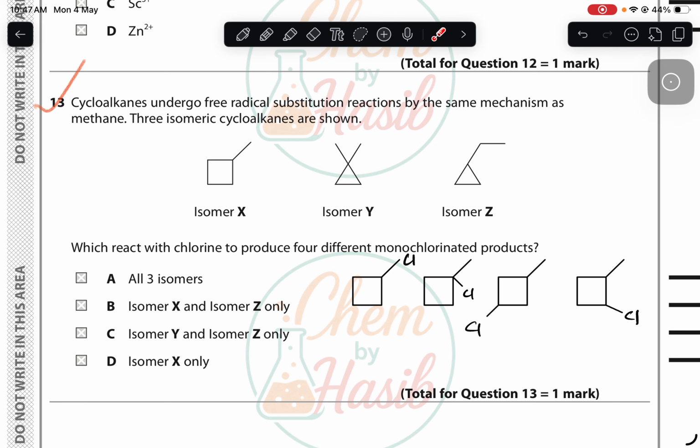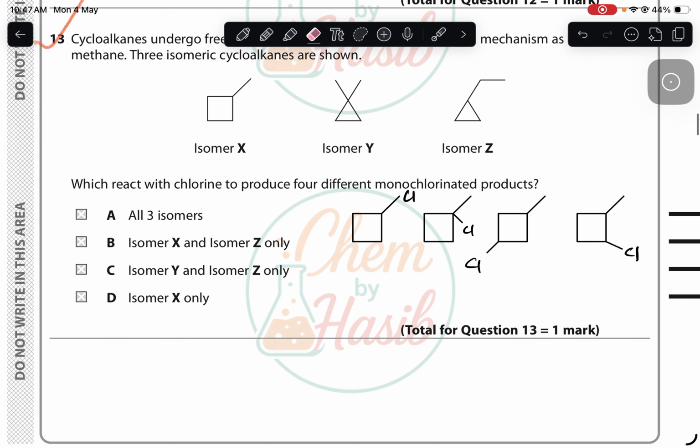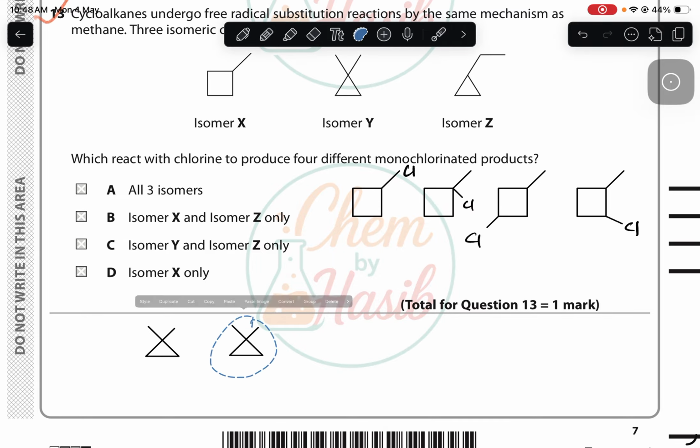Okay. Let us talk about isomer Y. Let's check how many monochlorinated products it can have.